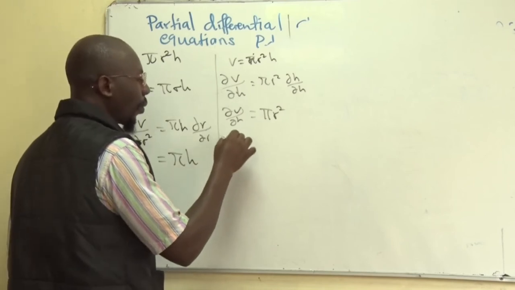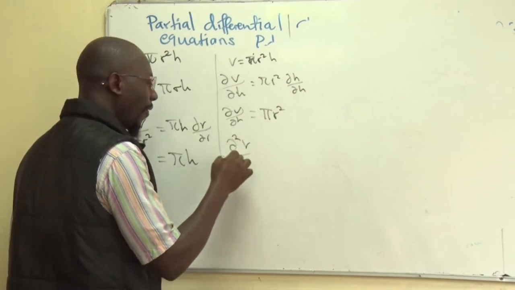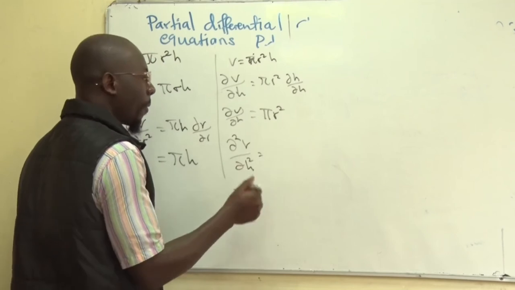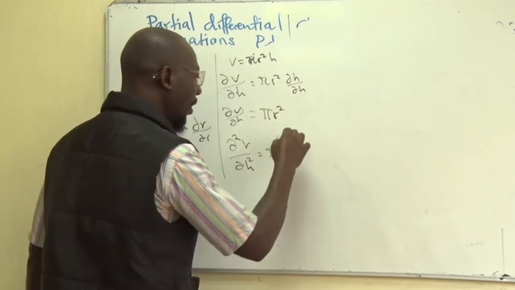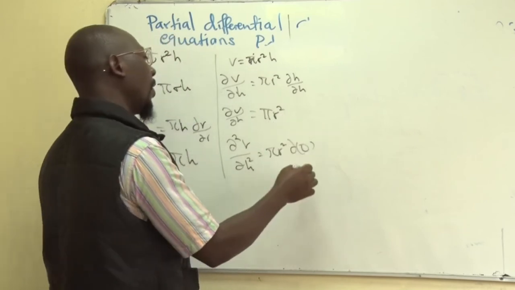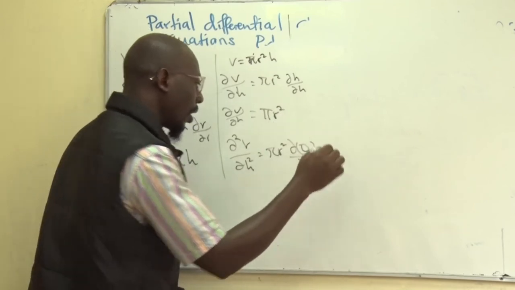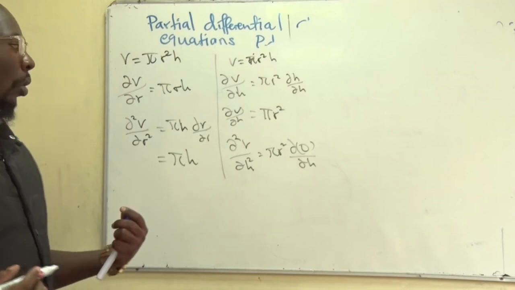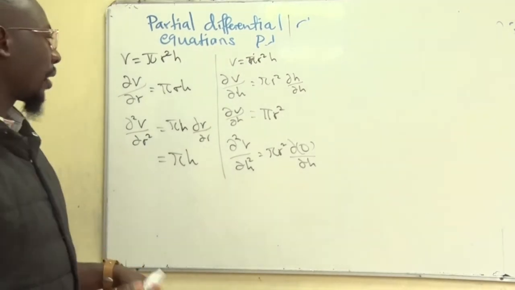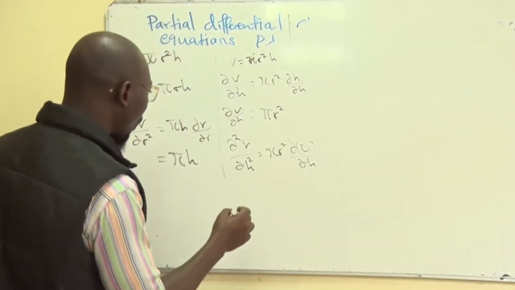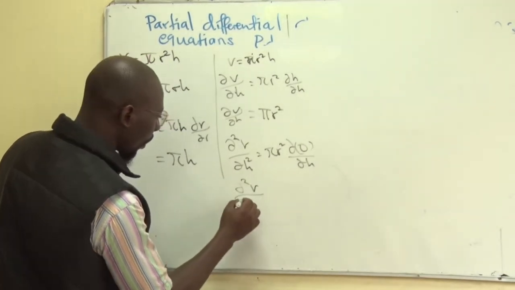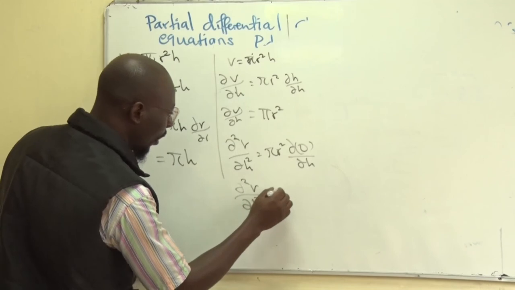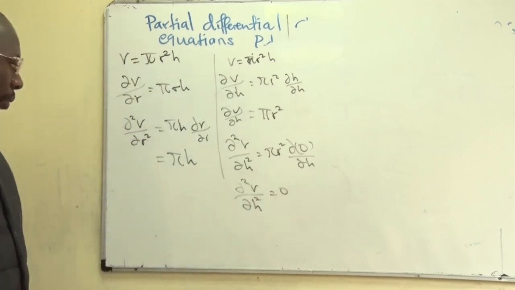So d squared v over dh squared: pi r squared is our constant, then d of 1 over dh, and the derivative of 1 or any constant is 0. So d squared v over dh squared is equal to 0.